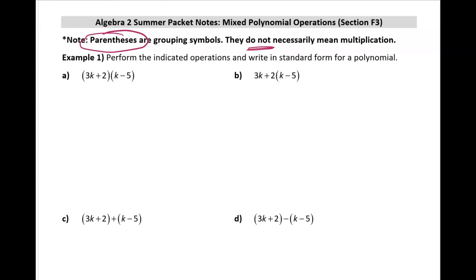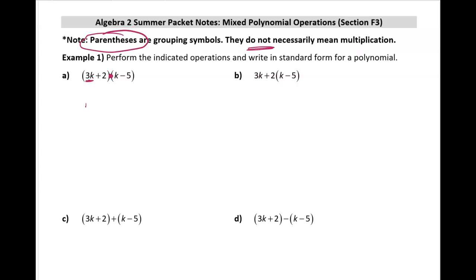Now, in part A of example 1, these two polynomials are being multiplied because a multiplication sign is indicated whenever two symbols are squished up against each other in algebra. So for instance, 3k means 3 times k because there's no operation symbol in between them. Similarly, when there's no operation symbol in between the parentheses, that does mean multiplication.